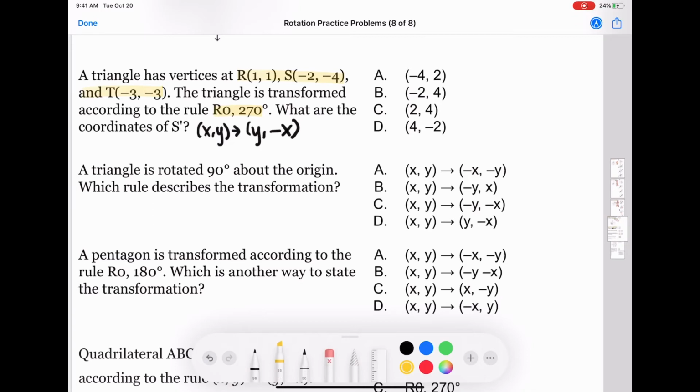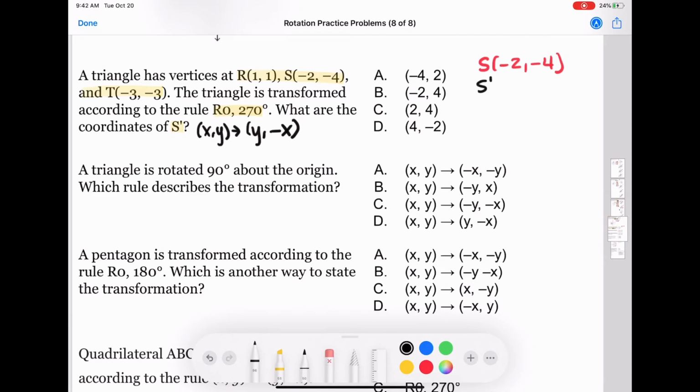We are being asked then, what are the coordinates of S'? So, the best thing to do would be to once again write down the coordinates of the original S in the pre-image. And then after we've done that, going ahead and finding the new coordinates of S'.